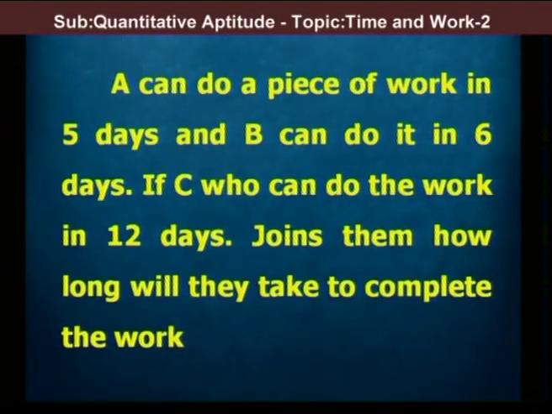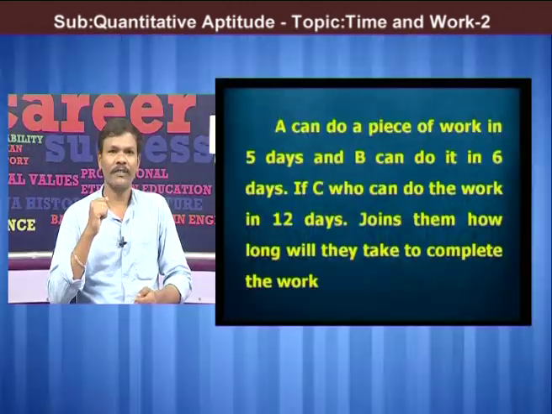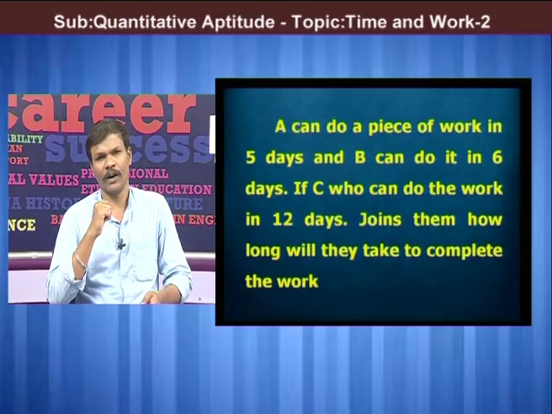Next question is: A can do a piece of work in 5 days, B can do it in 6 days. If C, who can do the work in 12 days, joins them, how long will they take to complete the work? In this question we have A's working days, B's working days, and C's working days also. In the earlier sessions we completed A and B working together.